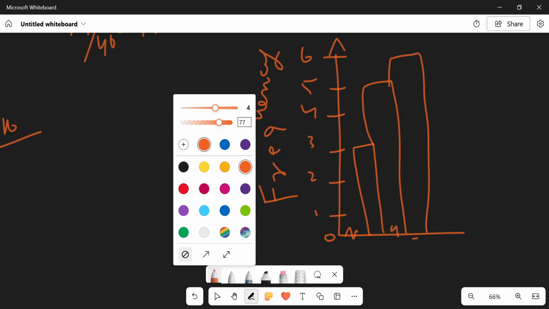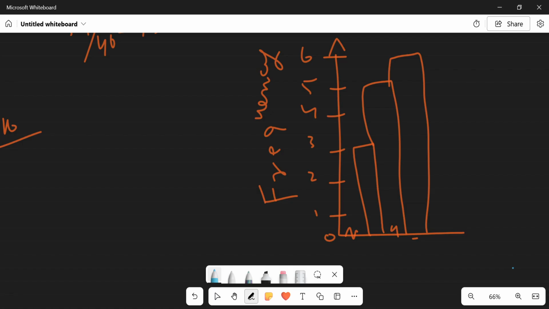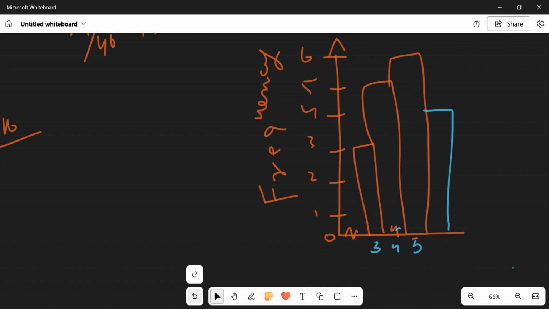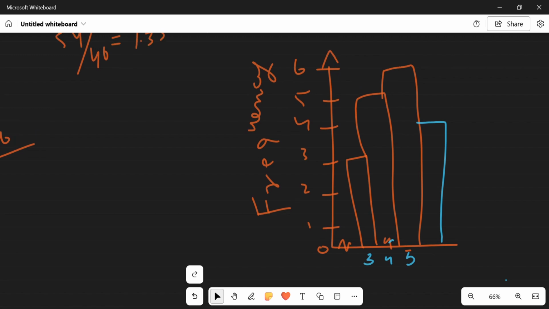The first bar is 3, then this one is 4, this is 5, and the sixth one is 4. And the last one, 7, goes up to 2.